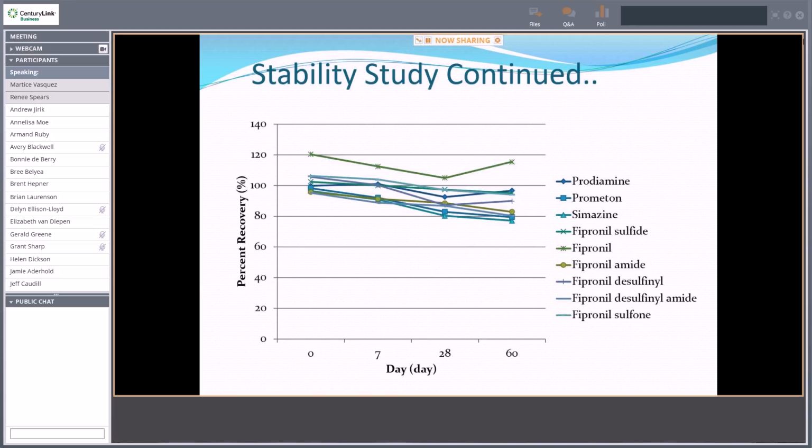So from the previous slide, it was determined that the 28-day mark was going to be the holding time. These samples need to be extracted within 28 days to ensure that we weren't having compound loss. So that's what we determined with the stability study.